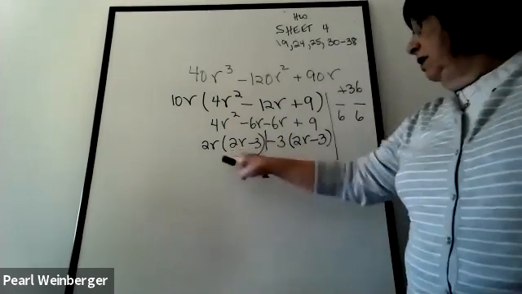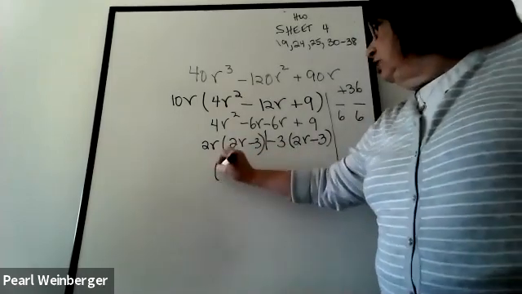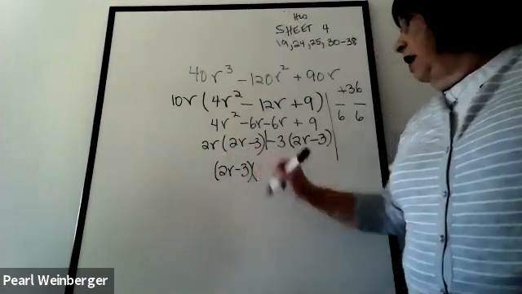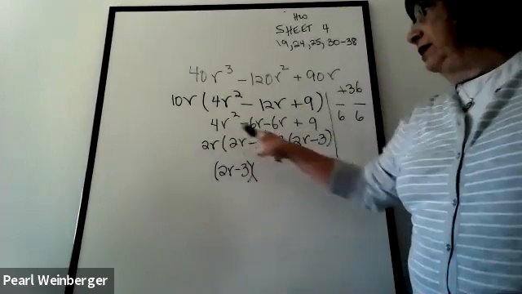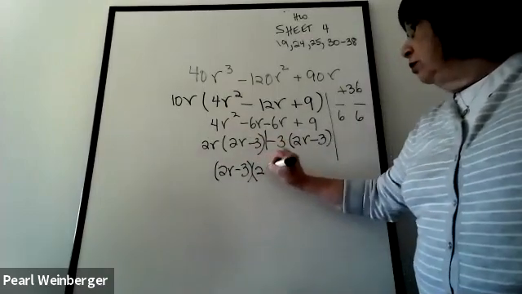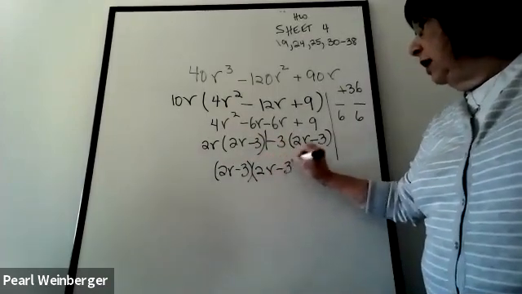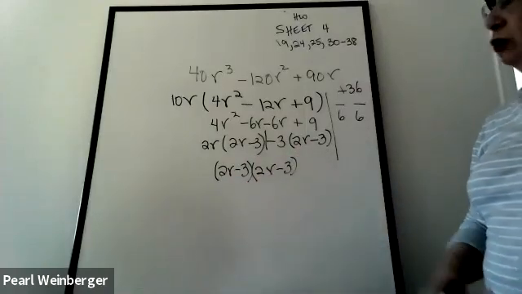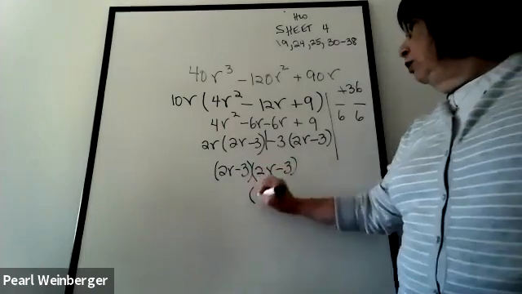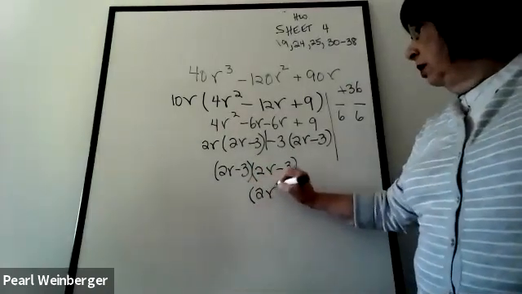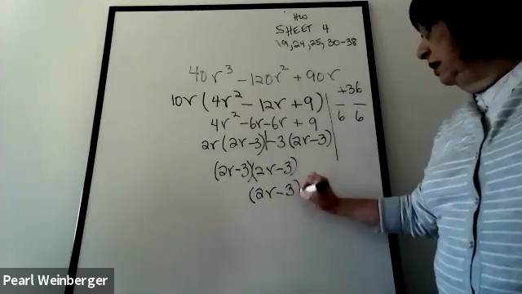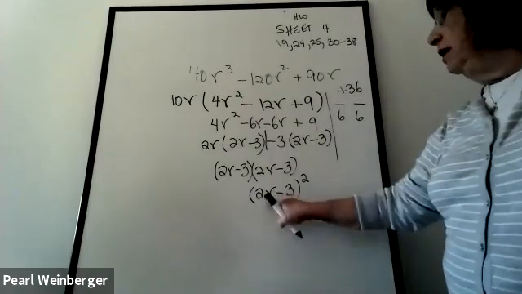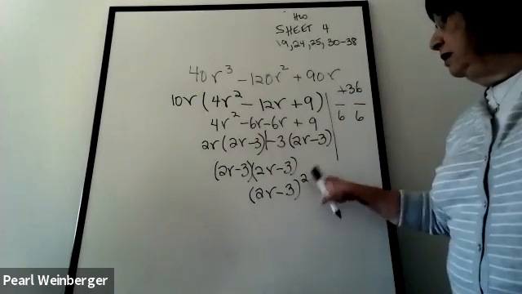So my common binomial factor is 2r minus 3. And the other factor, what I get from outside that, is also 2r minus 3. In other words, both binomials are 2r minus 3, which I could write more succinctly, quickly, by writing it as 2r minus 3 in parentheses squared.